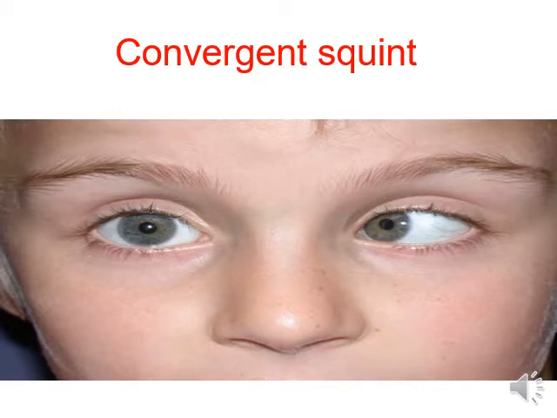Look to the reflection of the light on the cornea of this child. In the right eye, the reflection is in the center of the pupil. In the left eye, the light reflection is seen in the temporal part of the iris near to the limbus.